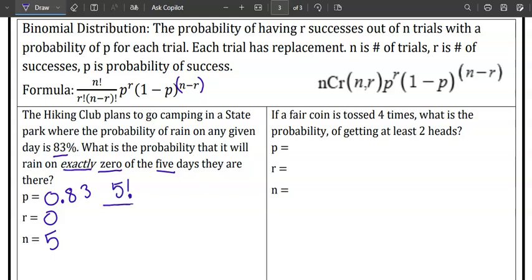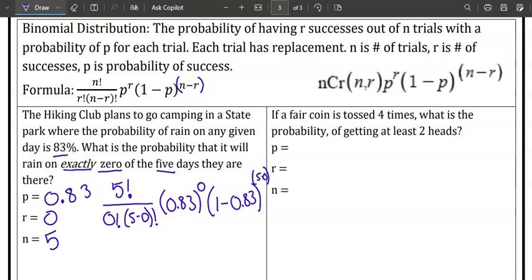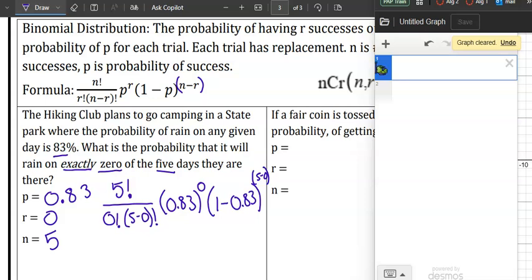5 factorial over 0 factorial times 5 minus 0 factorial, times 0.83 to the 0th power times 1 minus 0.83 to the 5 minus 0 power. Let's go ahead and put this one into the calculator. 5 factorial.